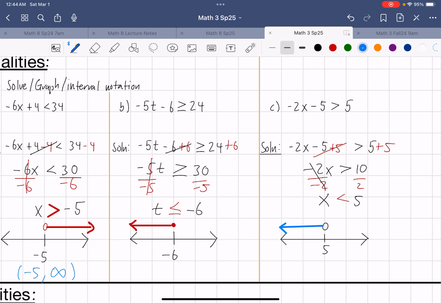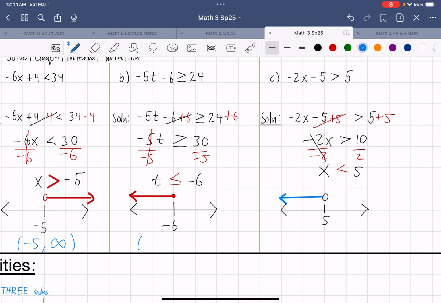Now for interval notation, we start from negative infinity. I forgot to do this for the previous example, negative 6. But now I use a bracket because negative 6 is part of my solution. It is equal to negative 6. And similarly on this example, we have negative infinity, stop at 5, close parentheses.